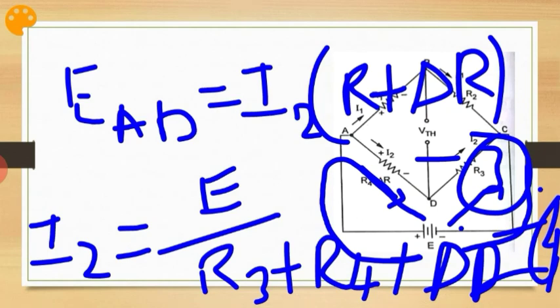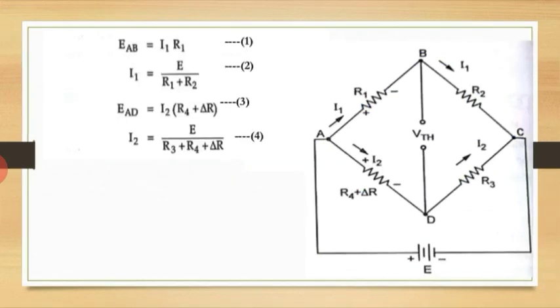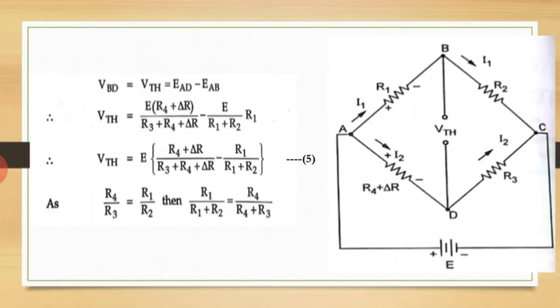So I have obtained four equations here, which are listed out here. Now the next step is calculating the voltage between B and D. VBD is equal to VTH, where VTH is the Thevenin's voltage.